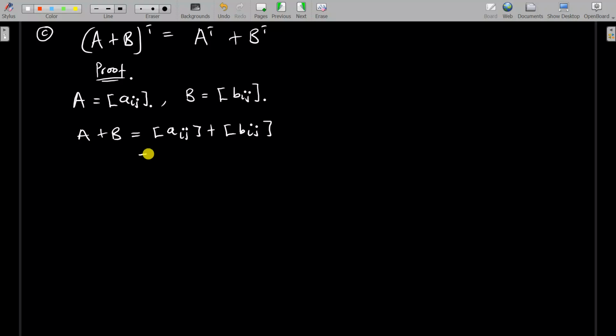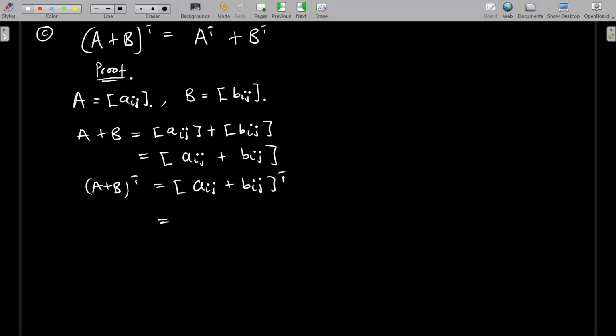And I can say that I'm going to write this as square bracket of Aij plus Bij. Now A plus B transpose is going to be the transpose of Aij plus Bij. And like I said, the transpose is just interchanging J and I components.